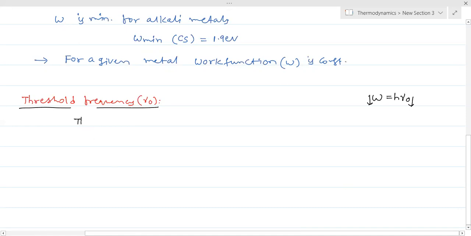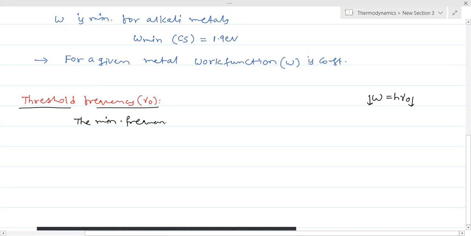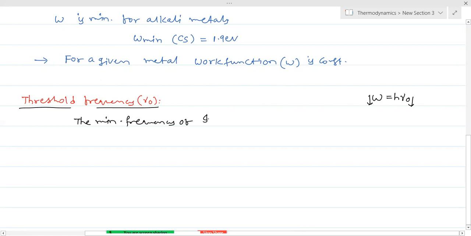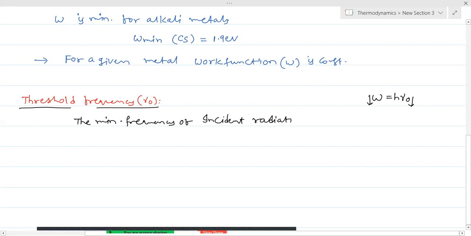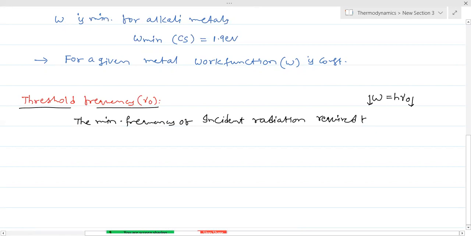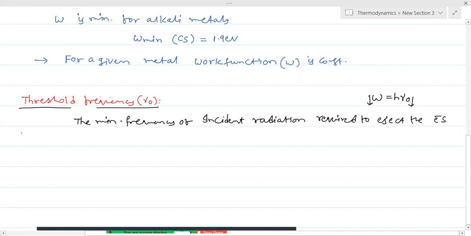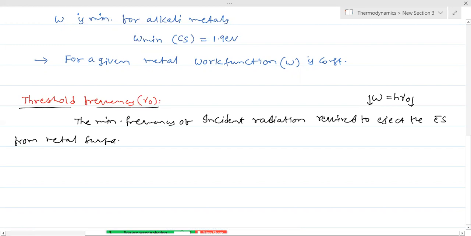Therefore we say that the minimum frequency of incident radiation required to eject electrons from a metal surface is known as nu naught.